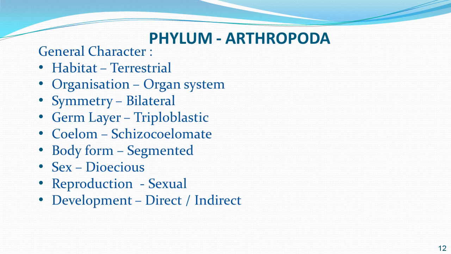So directly, from the zygote the embryo will be produced, and from the embryo the young one will be formed. But in indirect type, the zygote will be converted into a larva, and from the larva, the adult will be formed, right? Okay, these are some general characters, and let us go on to the specific features of phylum Arthropoda.